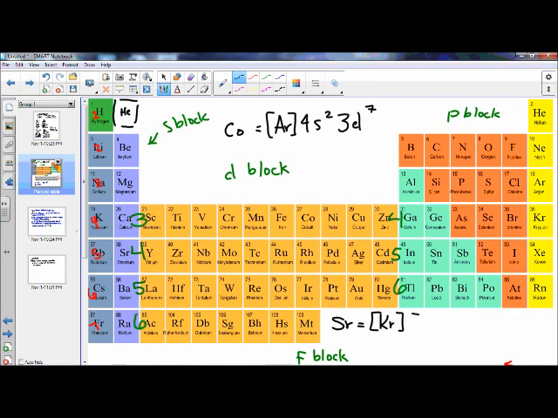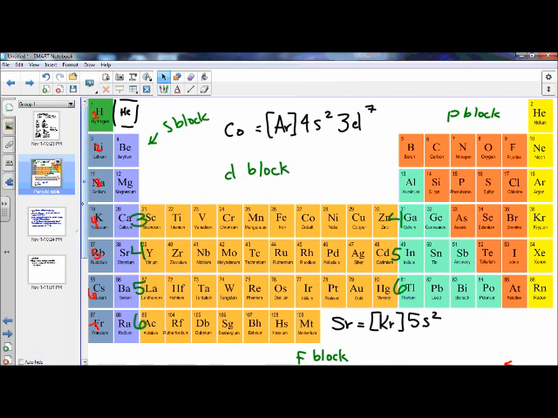Well, it looks like 5s, and strontium's here in the second position, 5s2. So much shorter. What you put here in brackets represents the entire electron configuration up to that point. We do that a lot in chemistry, simply because the longhand configuration is really difficult and challenging to write out.